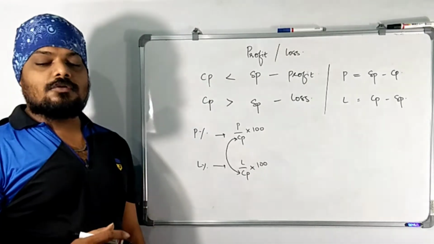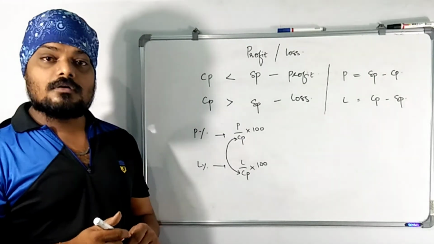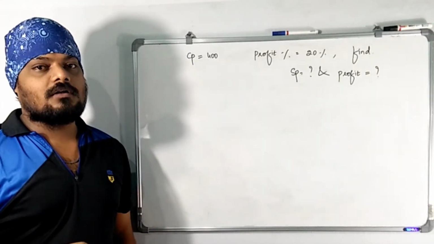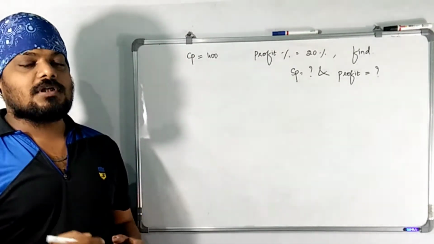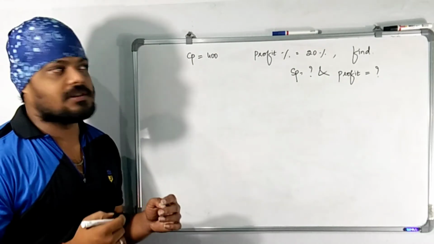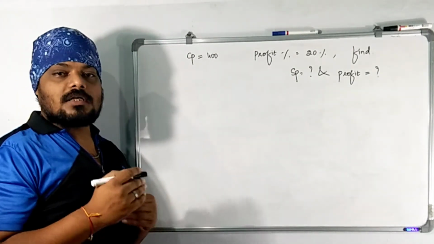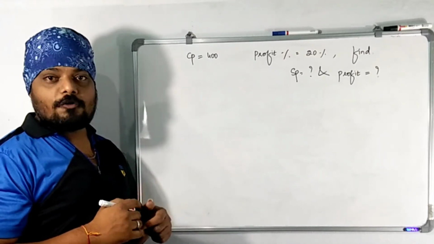So today I am going to give you questions on the basics of profit and loss. Here is our first question, a totally basic question. The question says cost price is 400 rupees, profit percentage is 20%, find selling price and profit.